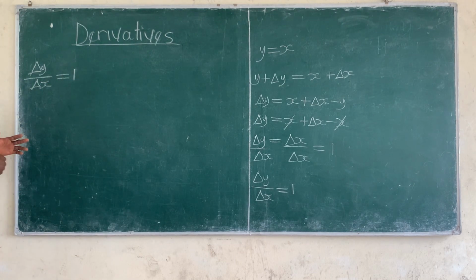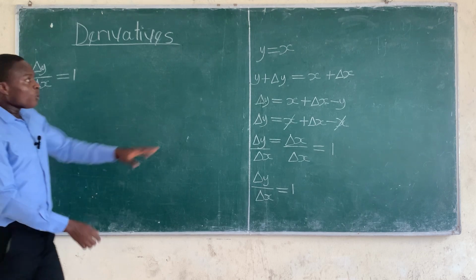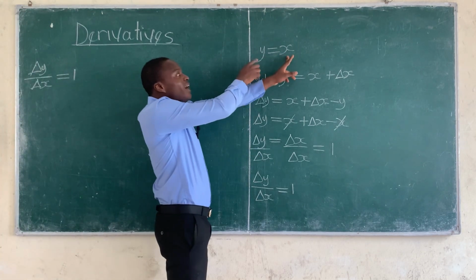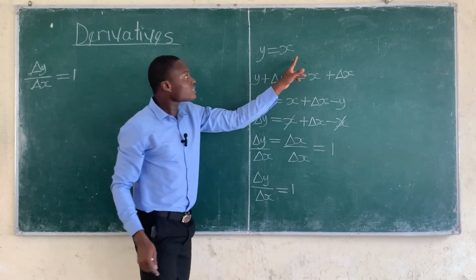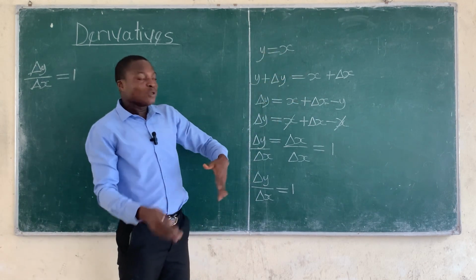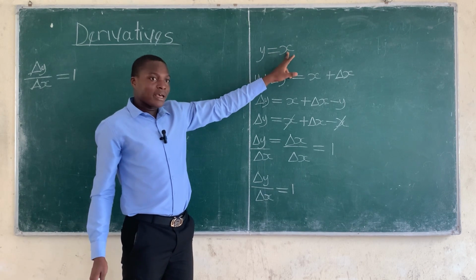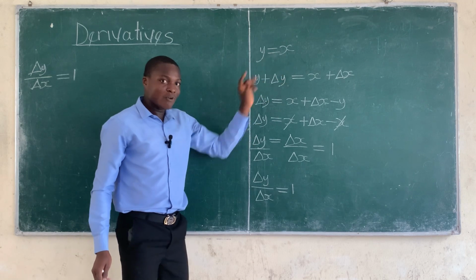Now, if we take the limit as the increase in x approaches 0, why are we taking the limit as the increase in x approaches 0? We have seen that from the function y equal to x, for us to have an increase in y, x must increase first. So any evaluation we are doing is for x, not y, because the input for x gives us the output for y. So we need x first before y.